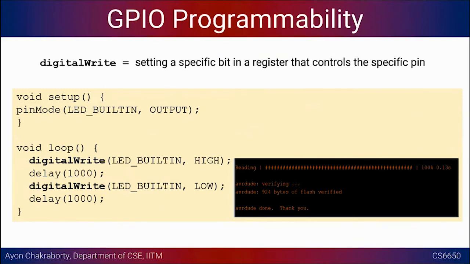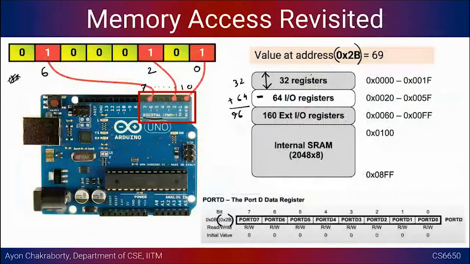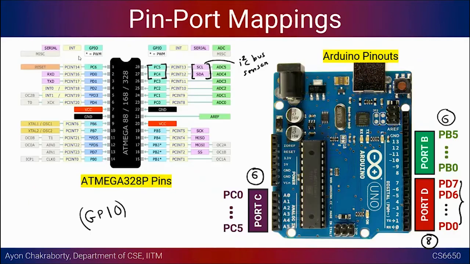So we have seen this example of the port D data register, and we saw that setting a particular bit in this port D data register turns a given pin on or off depending on whether it is set or reset, right? So some bit in a port D data register is responsible for controlling the input output behavior of the set of pins in a given port.